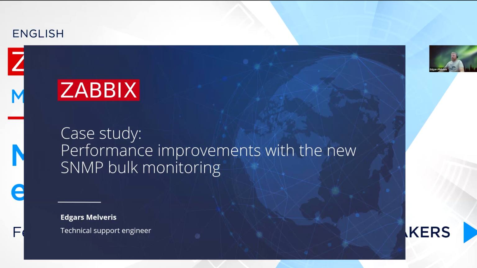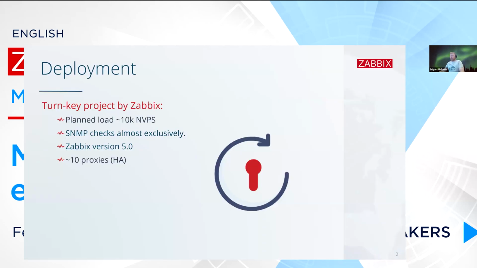First, a little bit of background about that customer's environment. Initially, this was a turnkey project by Zabbix the company. We set up this environment, and at the moment we planned for about 10,000 new values per second, so not a very big installation.